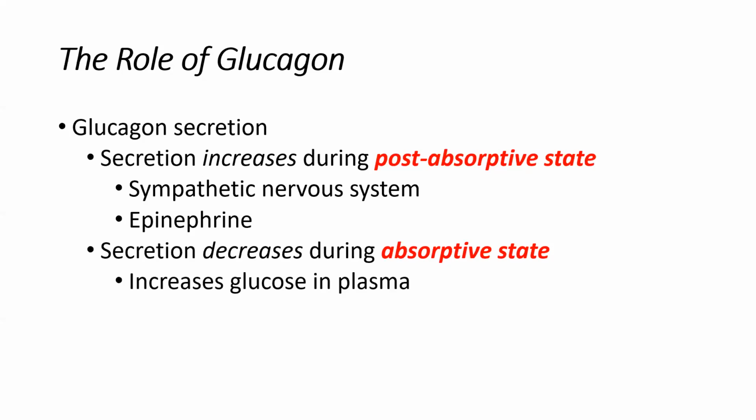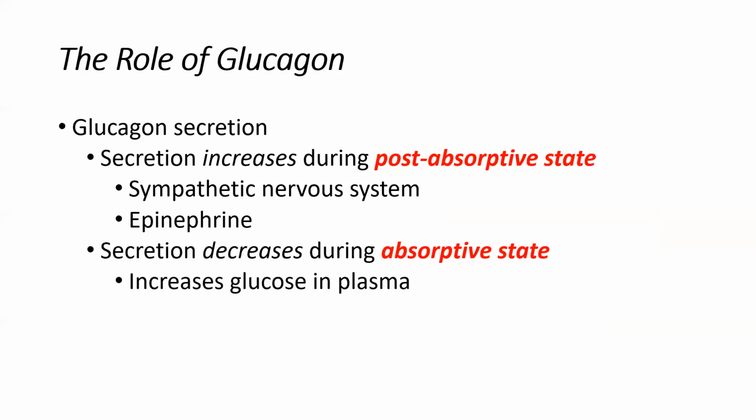It's going to be secreted during the post-absorptive state. So think about, again, those two analogies we talked about last time: having just had a large meal versus having gone for a while without a meal. That is when glucagon secretion is increased, during our post-absorptive state or during the fasting state, when we have gone for a period of time without a meal.